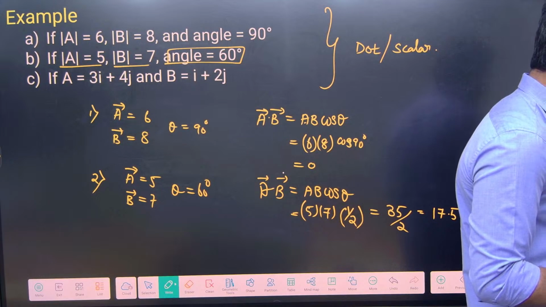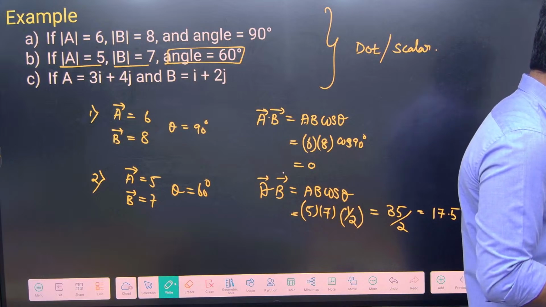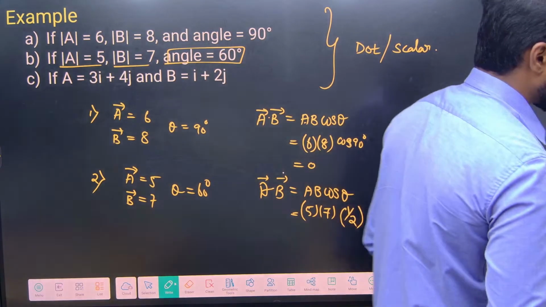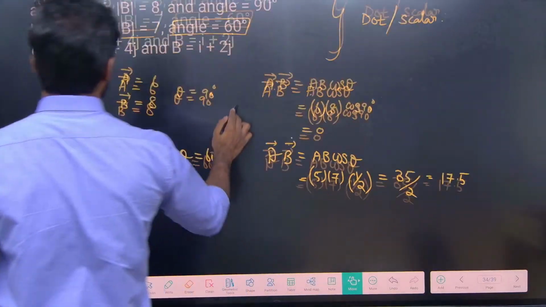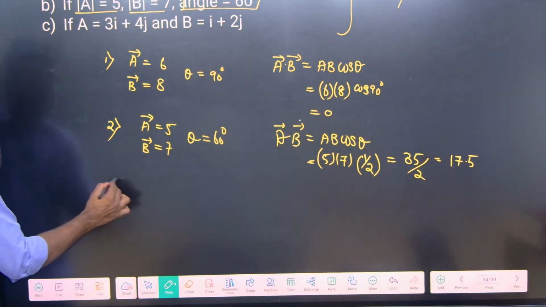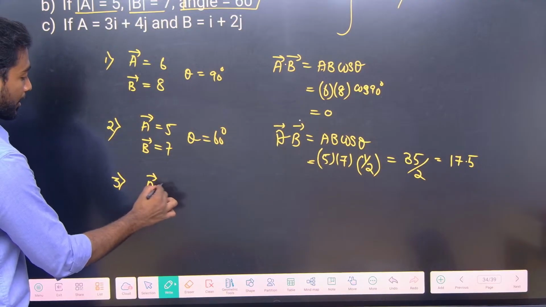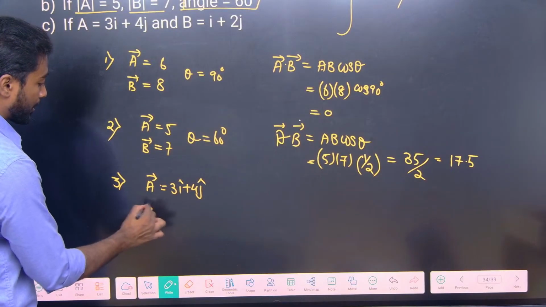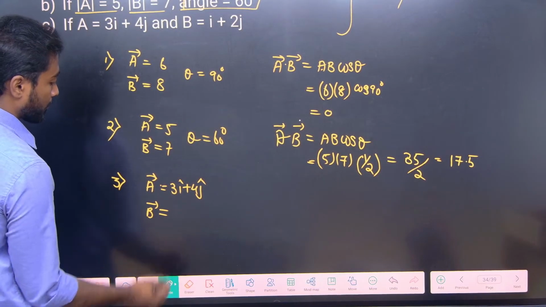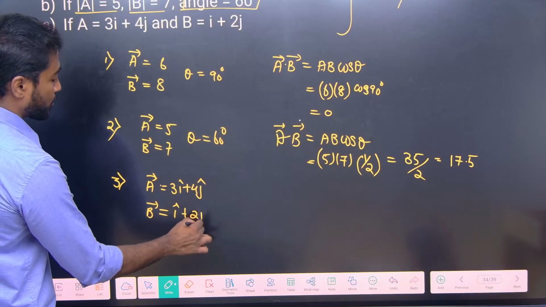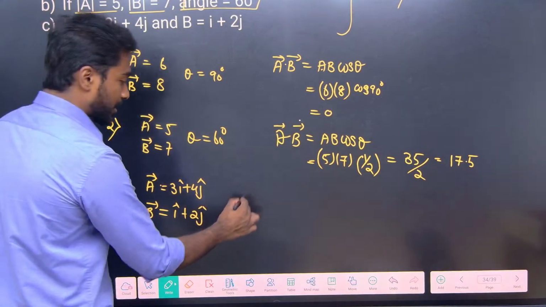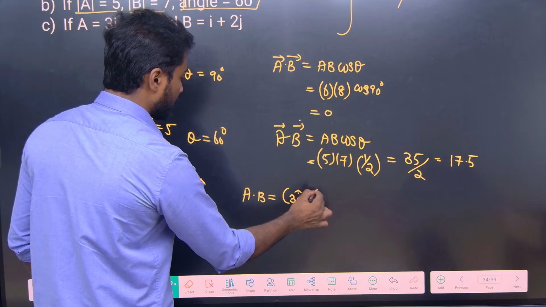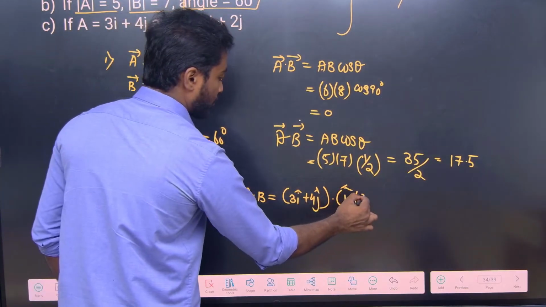The third one is 11. Okay, fine, we'll see the third one. What they have given: A vector is equal to 3i cap plus 4j cap, and B vector they have given as i cap plus 2j cap, and I am doing A dot B. So 3i plus 4j dot i plus 2j.